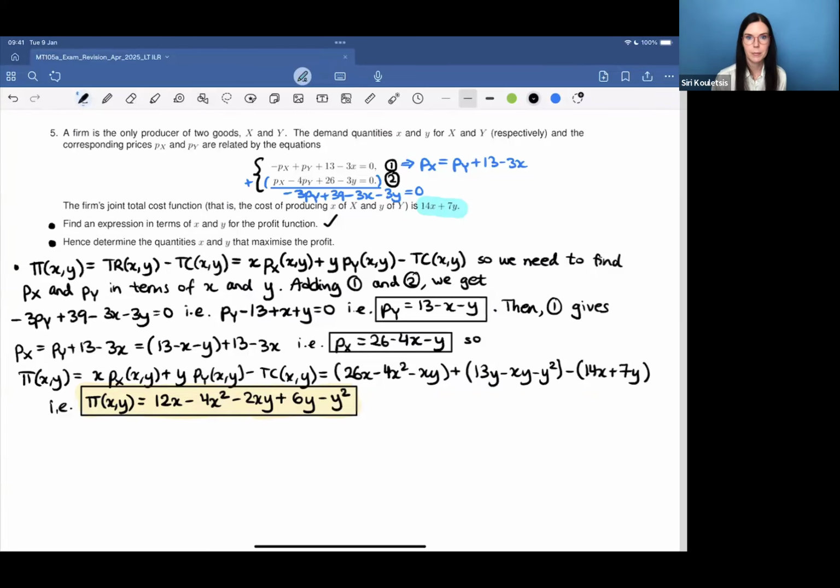So for a multivariate function, any critical points satisfy the so-called first order conditions.